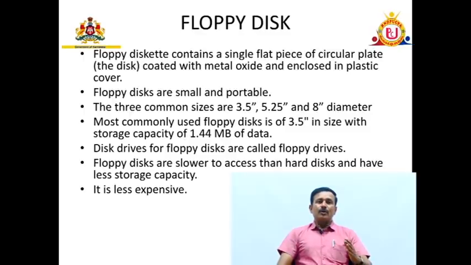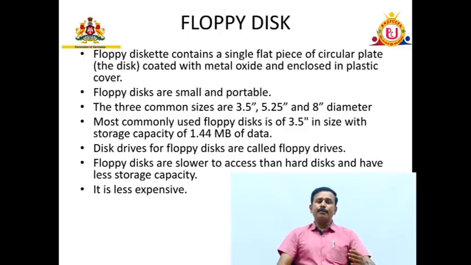The storage capacity of the 8-inch floppy disk is 1 MB, whereas the storage capacity of the 5 1/4-inch floppy disk is 1.22 megabytes. Then the size was further reduced to 3.5 inches.